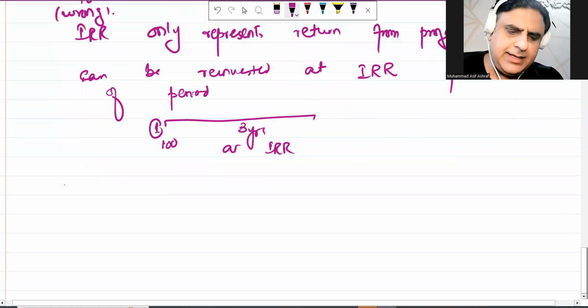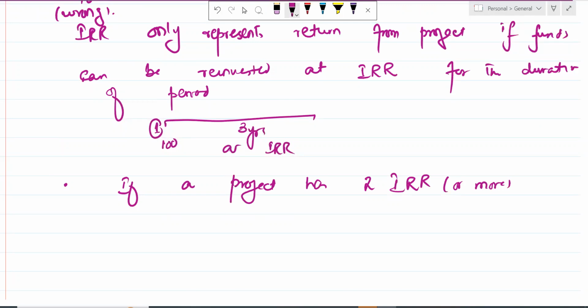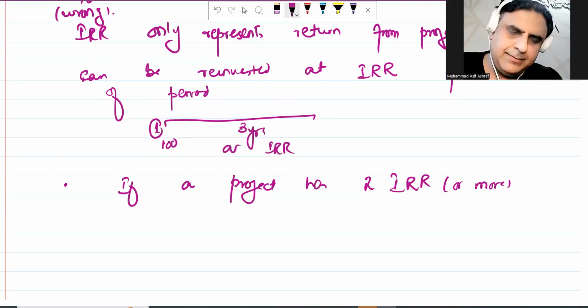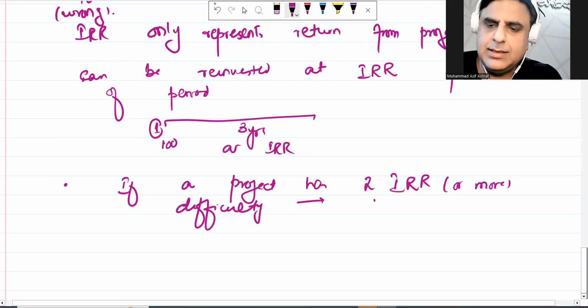Further problem here is that if a project has, let's say, 2 IRRs or more, then again there is difficulty in finding the IRR of the project.